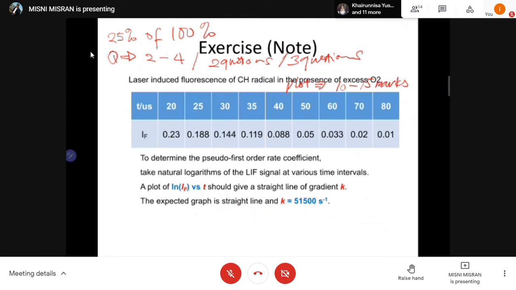Quite a lot, okay. So don't make a mistake, because once you make a mistake, you lose this 10 to 15 marks. And for the other question, it is 10 marks.